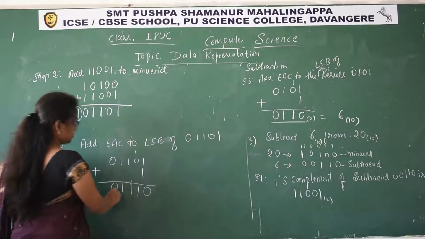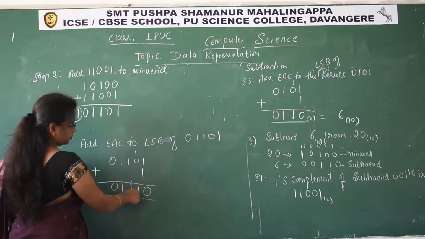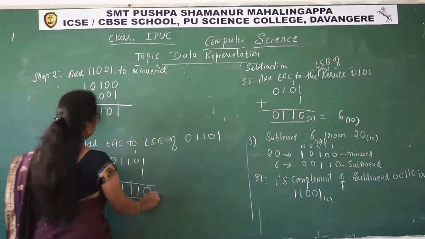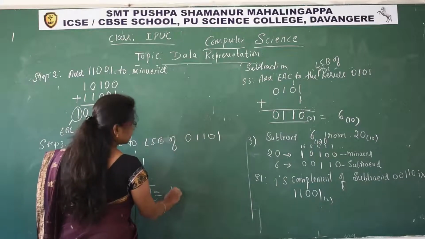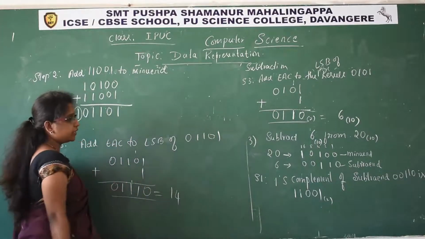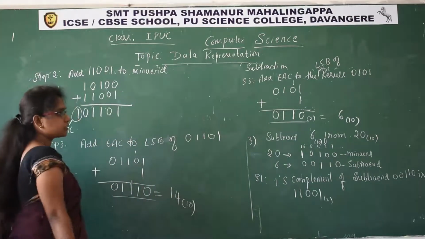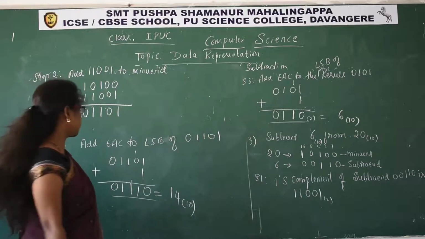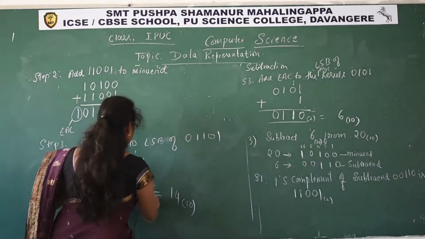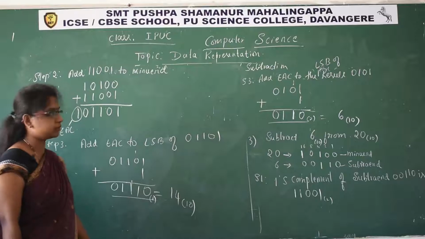So 8, 4, 2, 14 is the result. 20 minus 6 is 14 base 10. The question is in the decimal number system, so after getting the result, we have to convert that binary number to a decimal number.